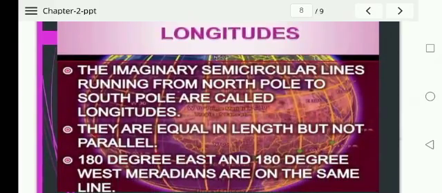You can see longitudes, the imaginary semicircular lines running from the north pole to south pole. They are equal in length but not parallel, and the 180-degree east and 180-degree west meridians are on the same line, as you can see in the background image.